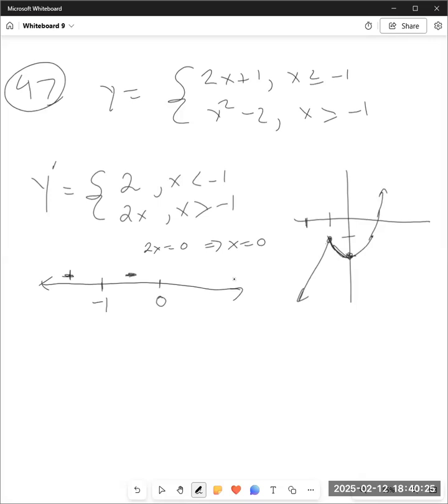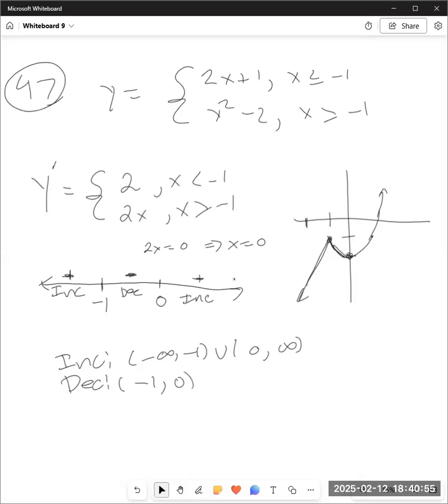That's negative. Stick in a number bigger than 0, 2 times 1 is a positive 2. So we have increasing, then decreasing, and then increasing, which is what my graph does here. So we're increasing from -infinity to -1, union 0 to infinity, and then decreasing from -1 to 0.